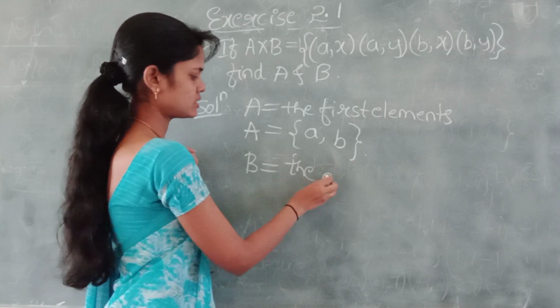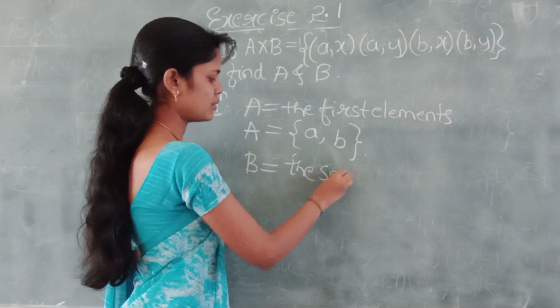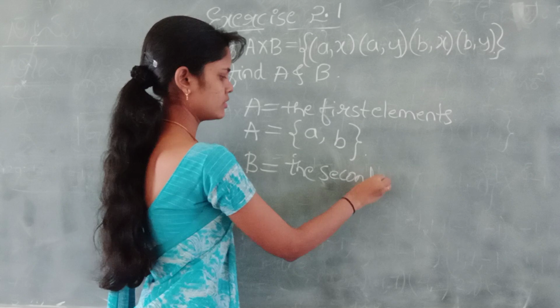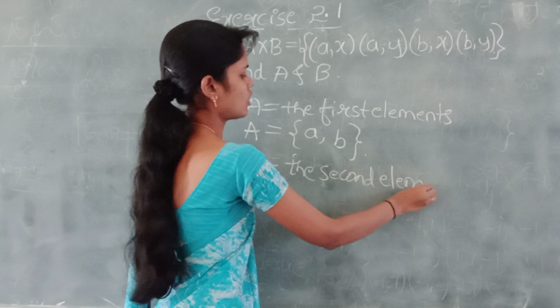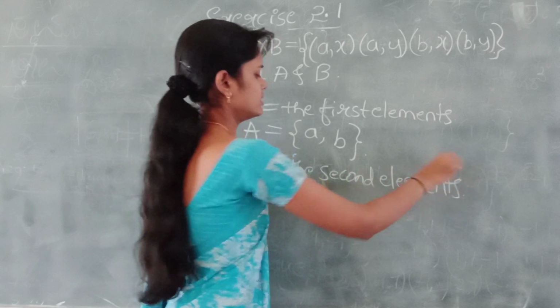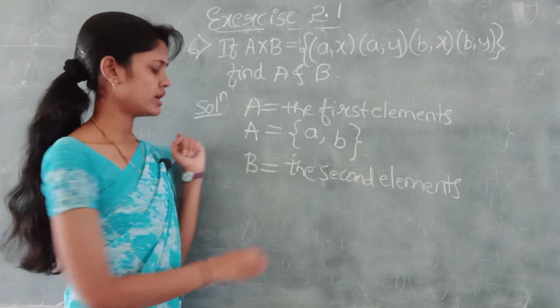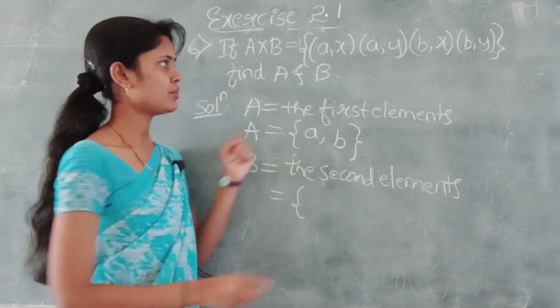Similarly for B, what should we write? The second elements in the given ordered pairs, right? So what are the second elements?